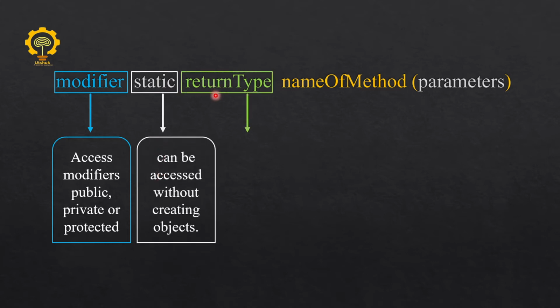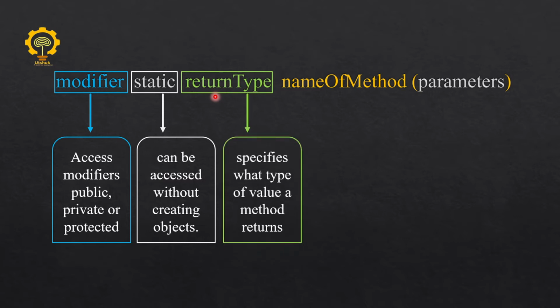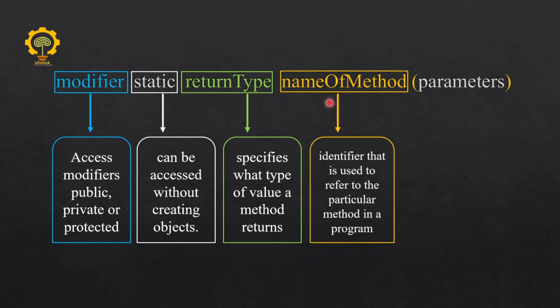This one is the return type. The return type refers to what type of value the method returns, like float, integer, character, string, any of them. This one is the method name, the identifier used to refer to the particular method in a program.